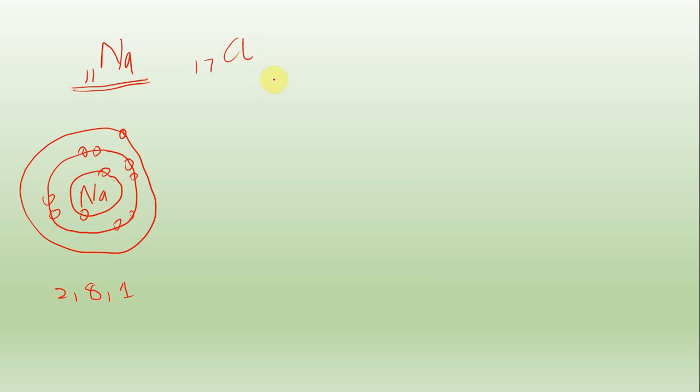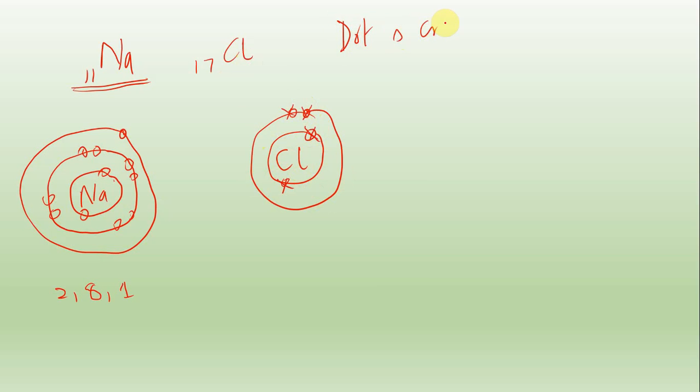Now look at chlorine. Chlorine has 17 electrons: 2 in the first shell, then 8 in the second shell. Just draw the electrons as dots and crosses; this is called a dot and cross diagram.